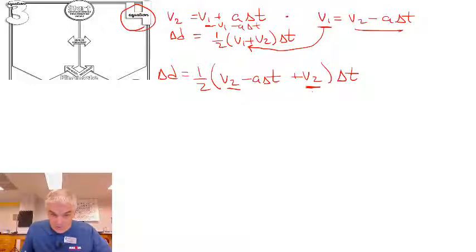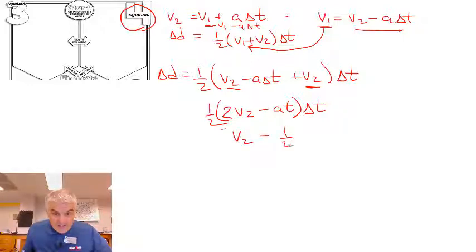I got 2 V2. So we can say 2 V2 minus A delta T, and that's still times 1/2 times delta T. I multiply the 1/2 in there, so I can say V2 minus 1/2 A delta T, and that's times delta T.